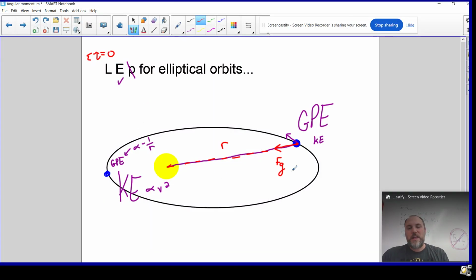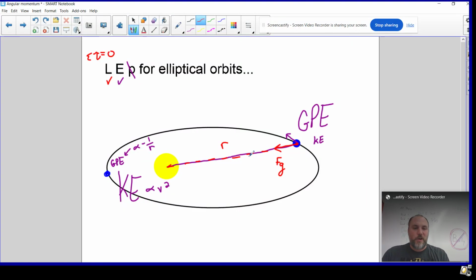So we have something happening here very similar to the ice skater. When the ice skater pulls their arms in and the sum of the torques is zero, we still see them start to spin faster. And that's exactly what's happening here.